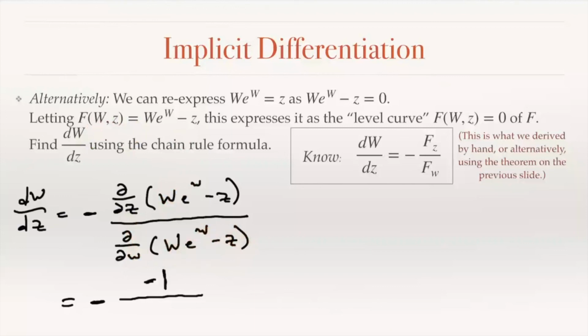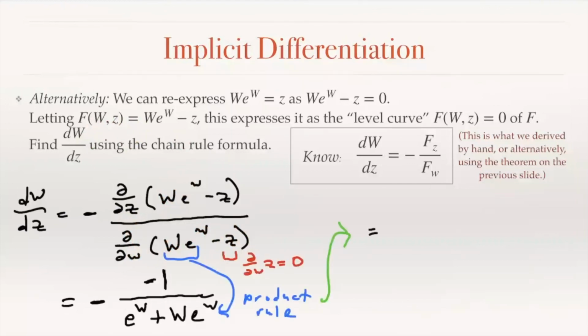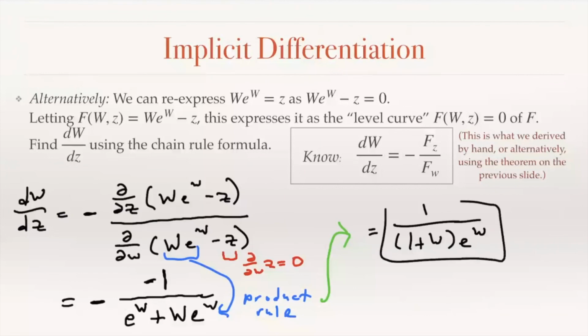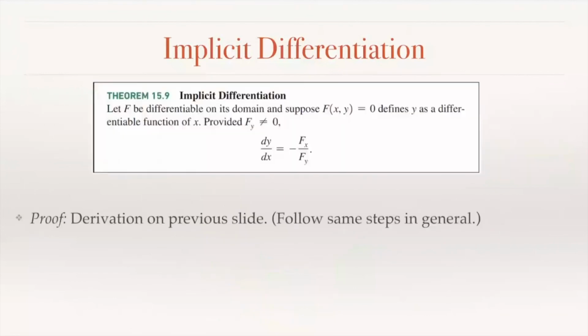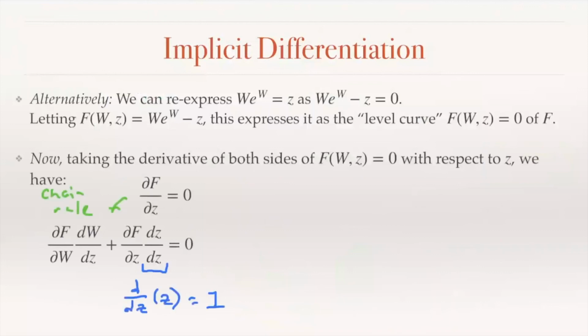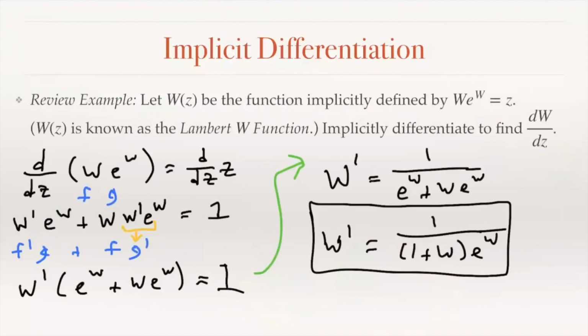And that is e to the w plus w e to the w. And that is 1 over 1 plus w e to the w, which is the same thing that we got before using the Calc 1 method.